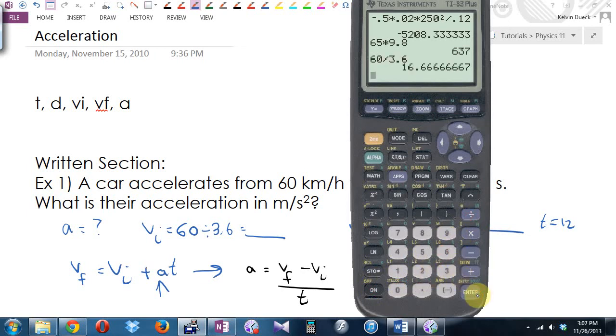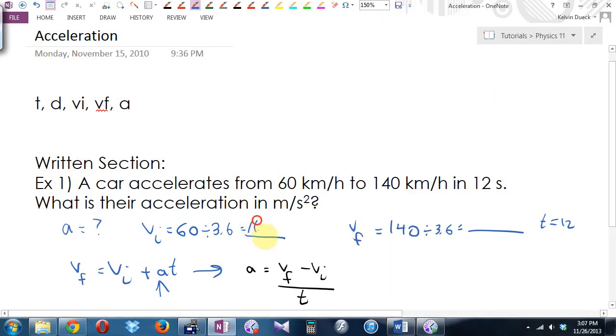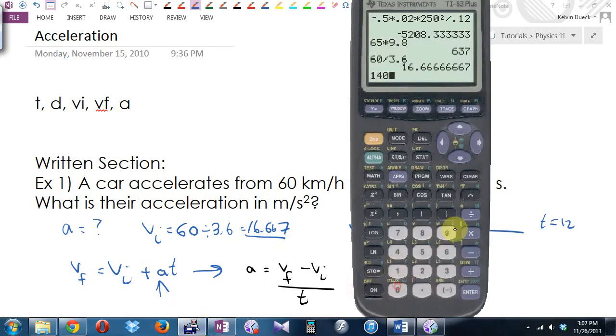I don't want to round off, so I'll go 16.667. I'll carry 5 sig figs, assuming that I'm going to round off to 2 or 3 sig figs in my answers, depending on what information they gave me. And 140 divided by 3.6, I'm going to go 38.889.